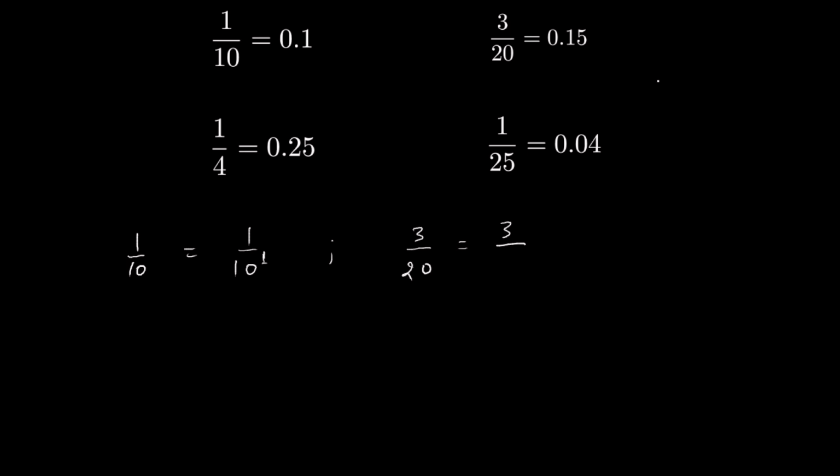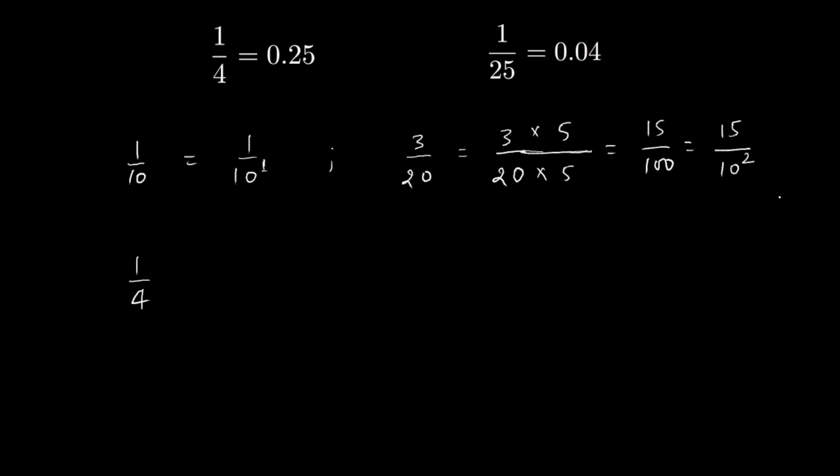As we have discussed in our earlier videos, we can multiply any rational number with a non-zero integer both in numerator and denominator, and that gives us an equivalent number. So here we can multiply by 5 both numerator and denominator, and the number we get, 15 over 100, is equivalent to our previous number 3 over 20. So here our denominator is a power of 10.